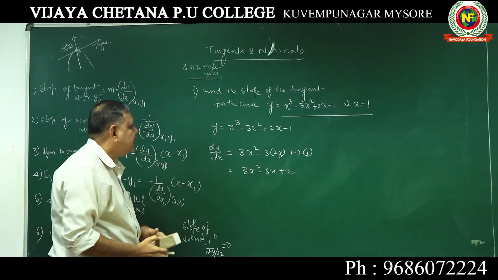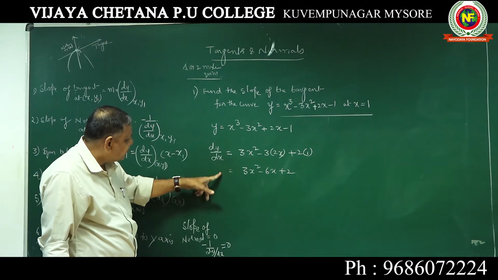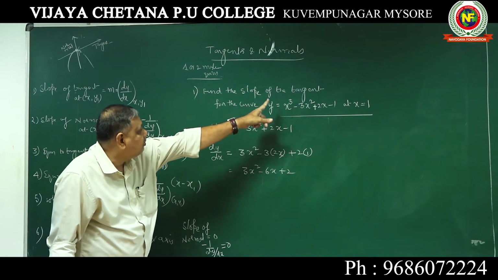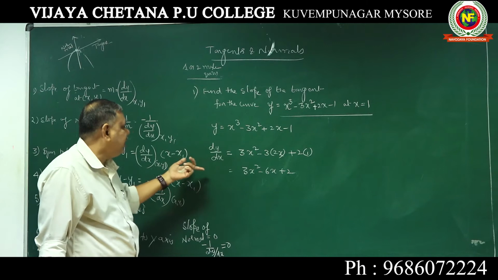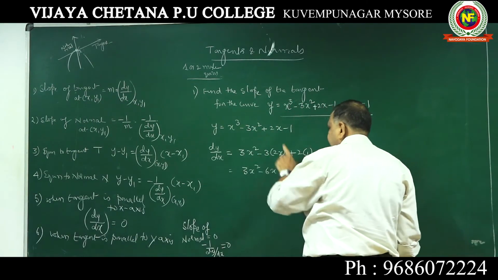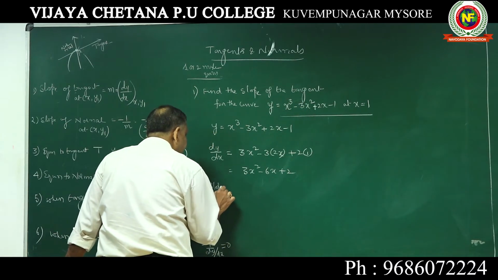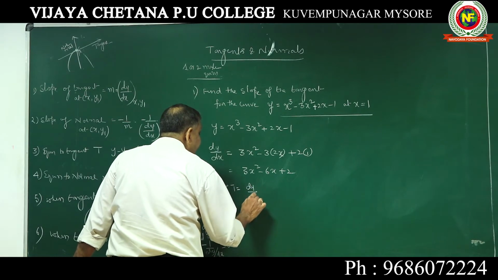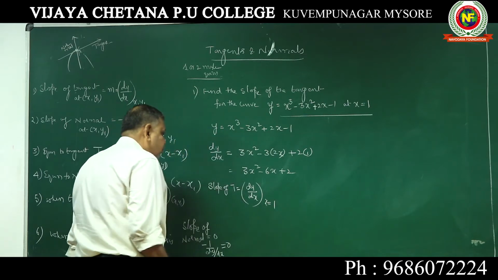Understand properly? When you are differentiating, you are finding the slope. Slope is this. But he is asking the slope of the tangent to the curve at that particular point, so you have to find that out. The slope of the tangent is given by the formula dy by dx at that particular point, x equal to 1.